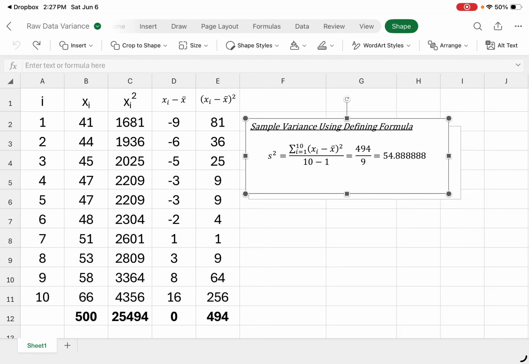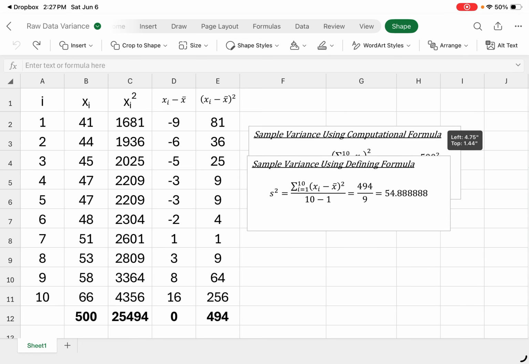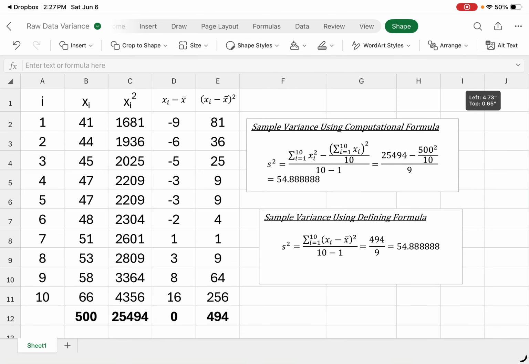But now also, if you look on your formula sheet or look in the textbook, there is a computational formula. Okay, so let's focus on the computational formula. With this one, we need the sum of the data, that's the 500, and then the sum of the squares of the data, which is column C, is 25,494.